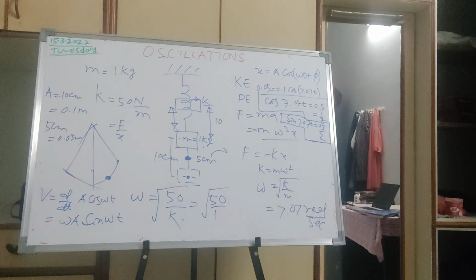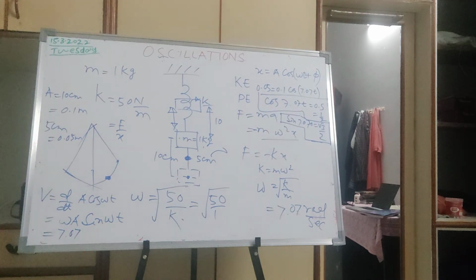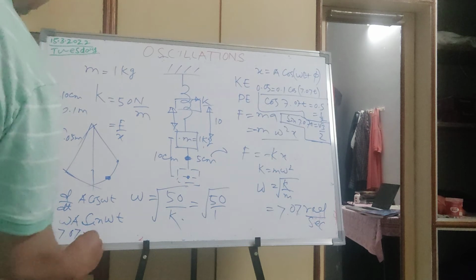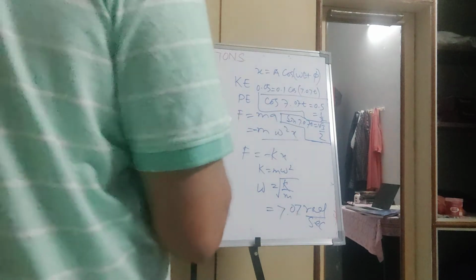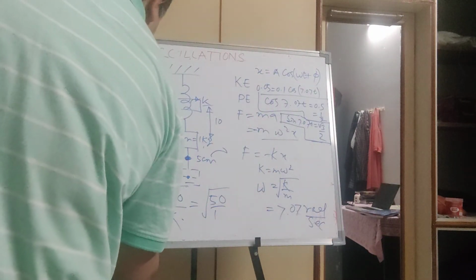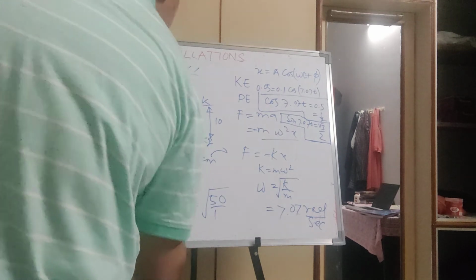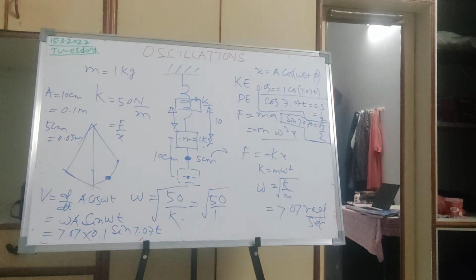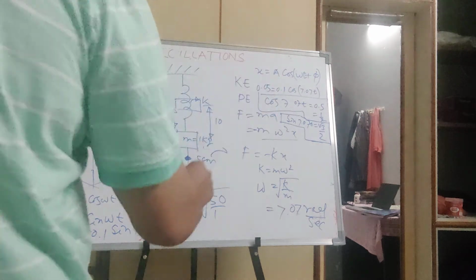We know your omega is 7.07, and you know your amplitude is 0.1. Then omega a sin omega t, where sin 7.07 t is root 3 by 2.